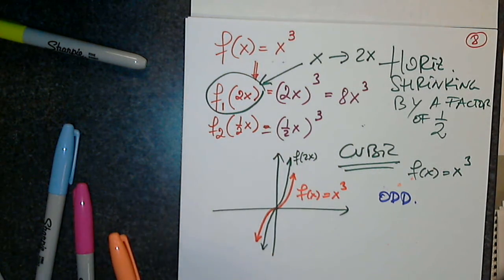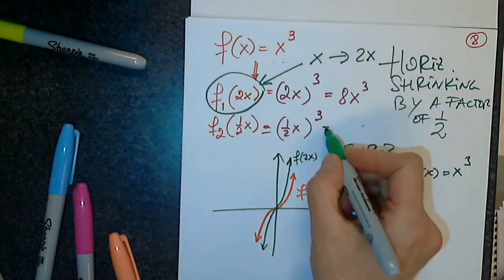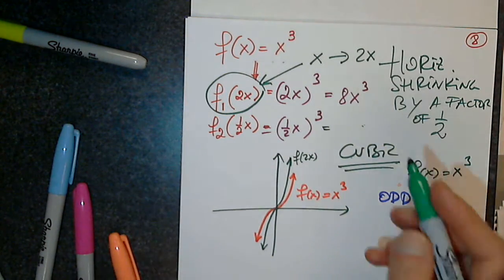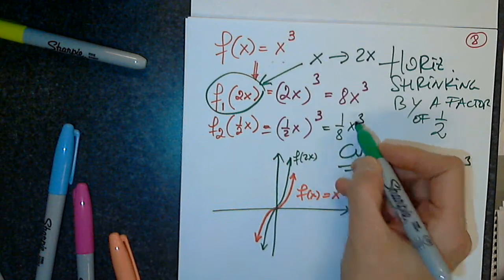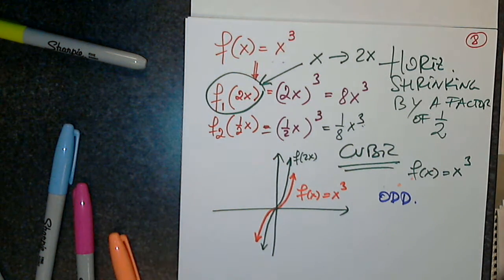Now let's see what happens with this last one here. 1/2 cubed is 1/8 times x cubed. Let's go back. Here's my x cubed. 1/8 x cubed. Will it do this or this? Yes. What does this mean horizontally? Stretch. Yes. Exactly, by a factor of 2.